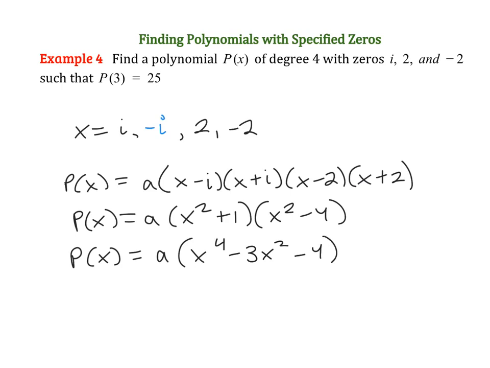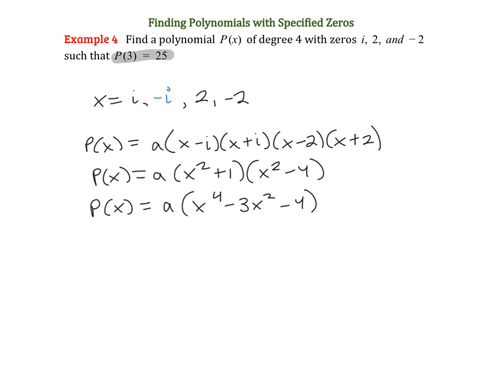So now we can use that last piece of information we were given, that P of 3 equals 25. So essentially they're telling us an xy value that works for our polynomial. They're telling us that the coordinate 3, 25 exists. So that means I can replace all of my x's with 3, and I can replace my y with 25, and then I can solve for my a value.